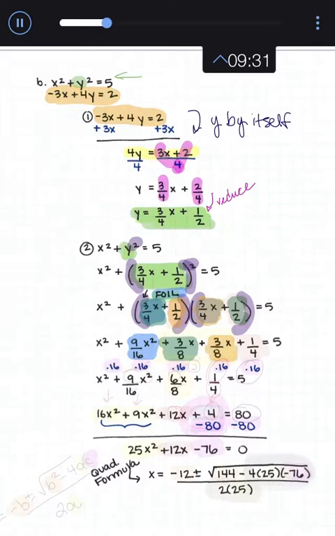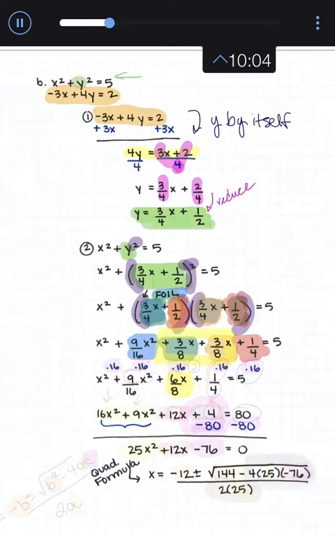And then the last part of FOIL has us multiplying out a 1/2 and a 1/2 to get a 1/4. That's just the foiling. I'm still not done. We still have to combine like terms. Well, the first set of like terms is a 3/8 x and another 3/8 x, which when you add it up becomes a 6/8 x.